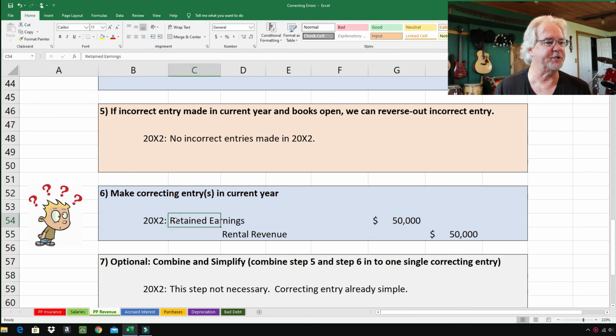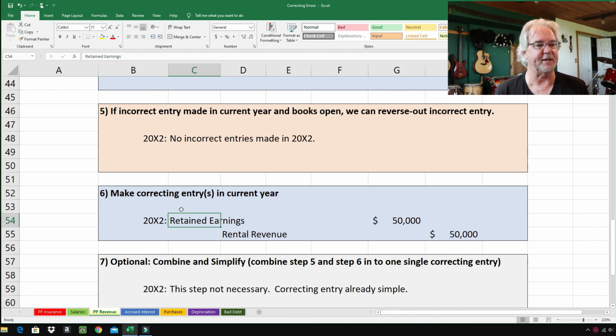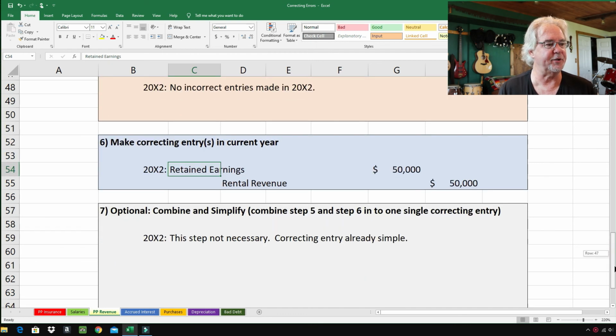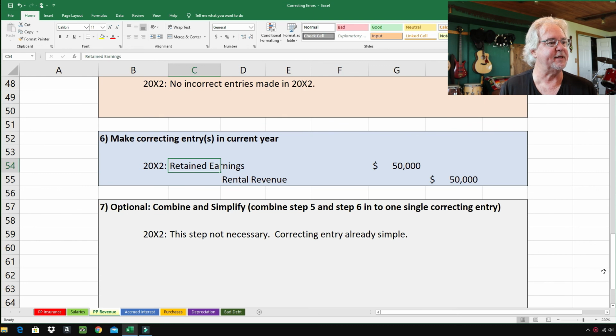So really our only choice is retained earnings. But there's also another reason. The profit in 2001 was overstated, and so when we debit retained earnings, that brings the retained earnings balance down to the proper level. Now I've got a step number 7 here, which is optional, but we're not going to use it today because this entry in step 6 is as simple as it gets. We can't simplify this any further.